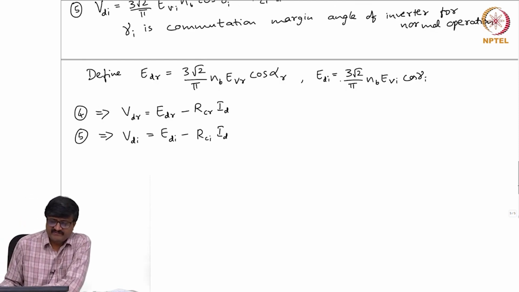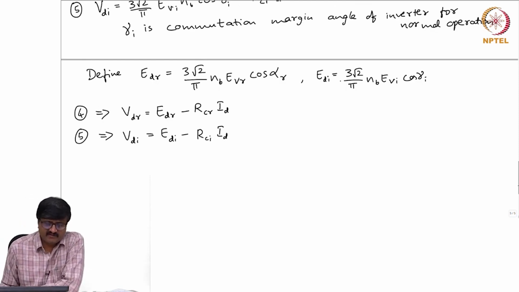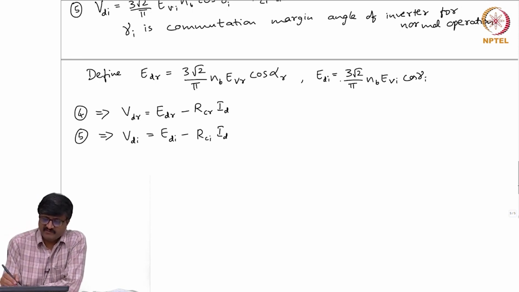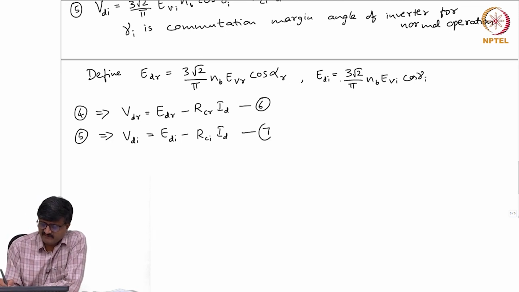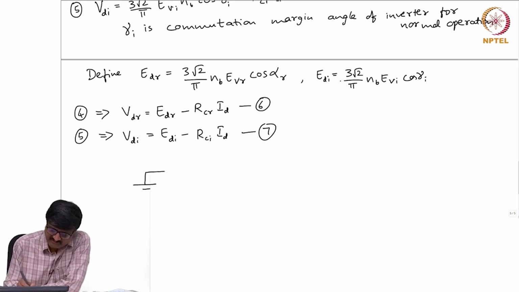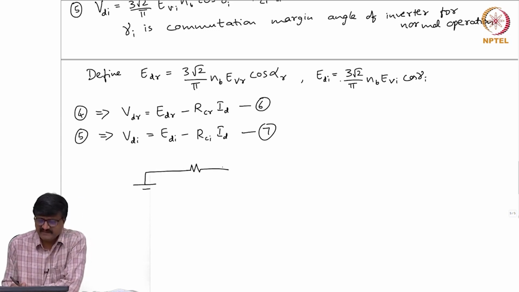Now, it appears as if I can draw some equivalent circuit corresponding to these two equations. Call these equations 6 and 7. For equation 6, the circuit equivalent is a voltage source in series with a resistance.